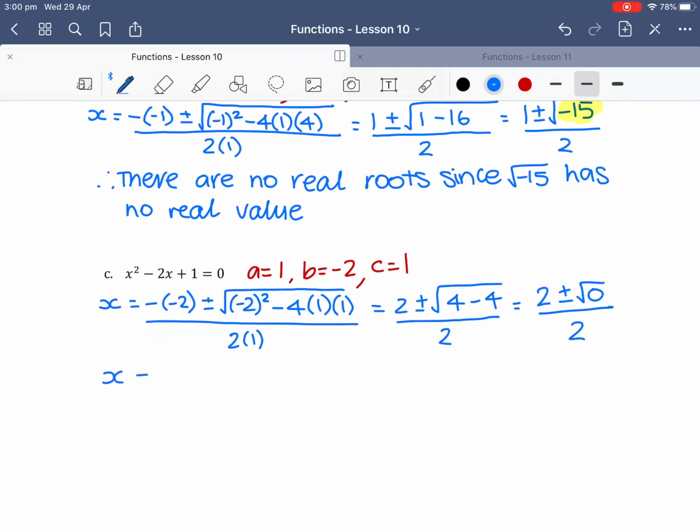So our x will just equal 2 plus or minus root 0, which is just 0. So it equals 2 over 2, which equals 1. So therefore, we are only given one real root. We just have that x equals 1.